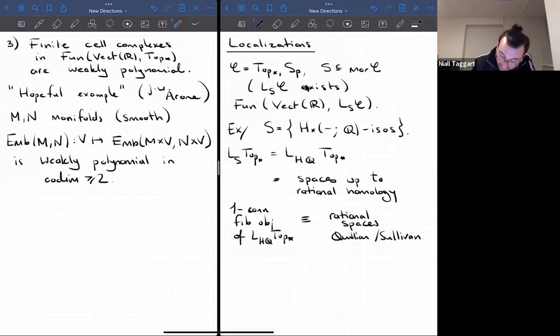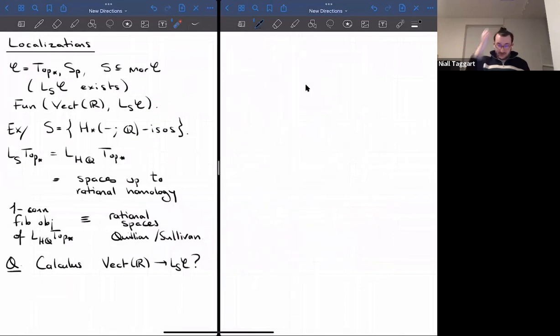Okay, our question now is: is there a calculus which lands in these localizations? So maybe before I answer the question, I should tell you why one would want this.